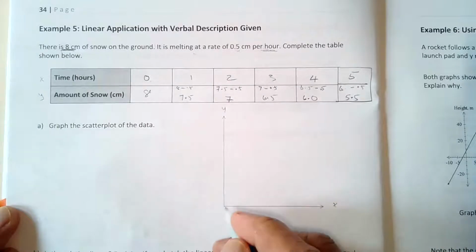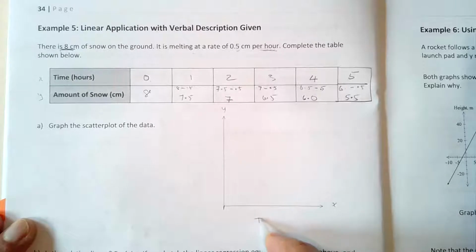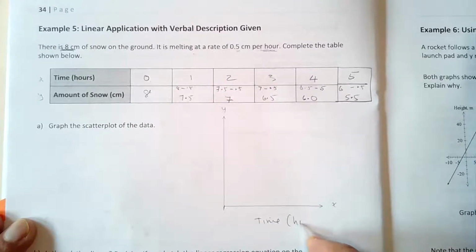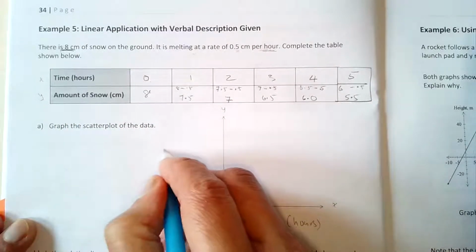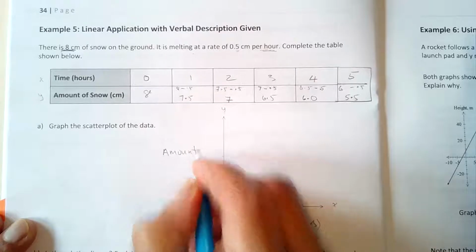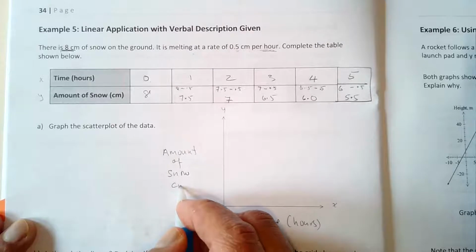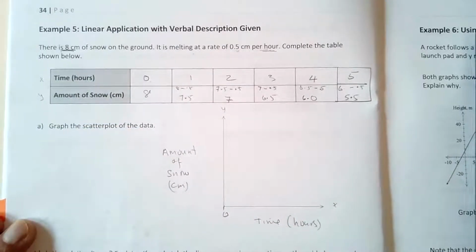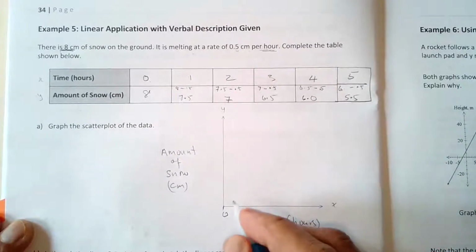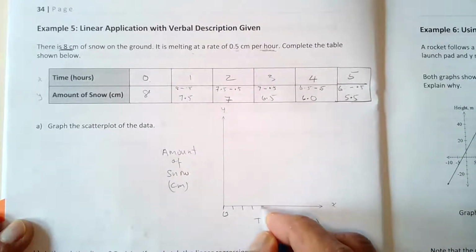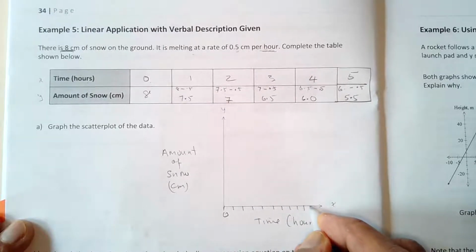So let's see what this graph would look like. We do a sketch first. Our time here in hours starts from 0, and the amount of snow is in centimeters. Repeat the same description given in your table. Here we can go 1, 2, 3, 4, 5, 6, 7, 8, 9, 10.